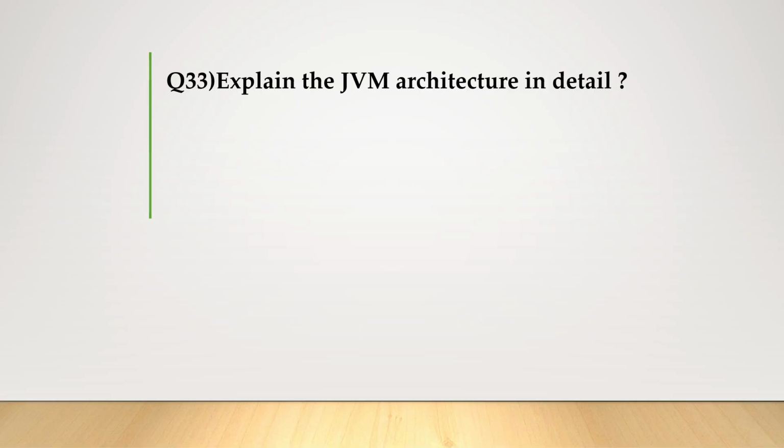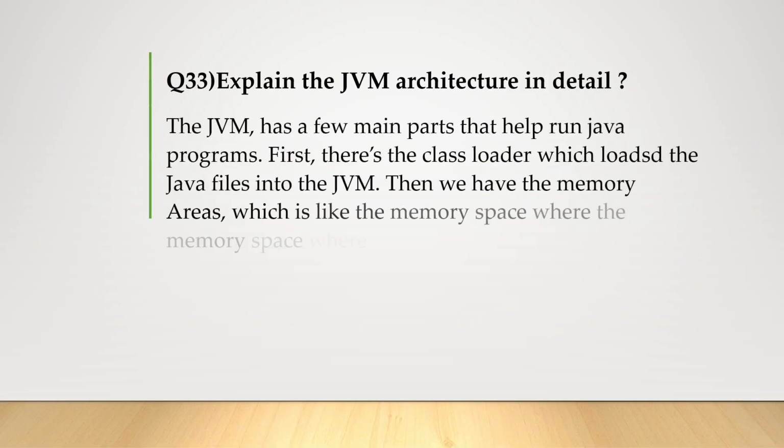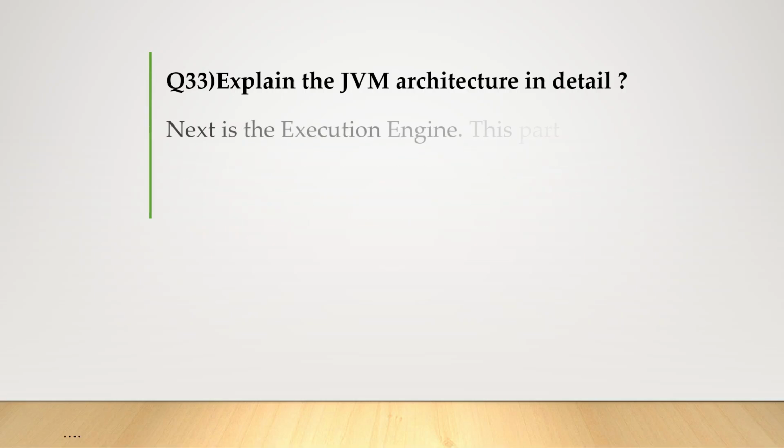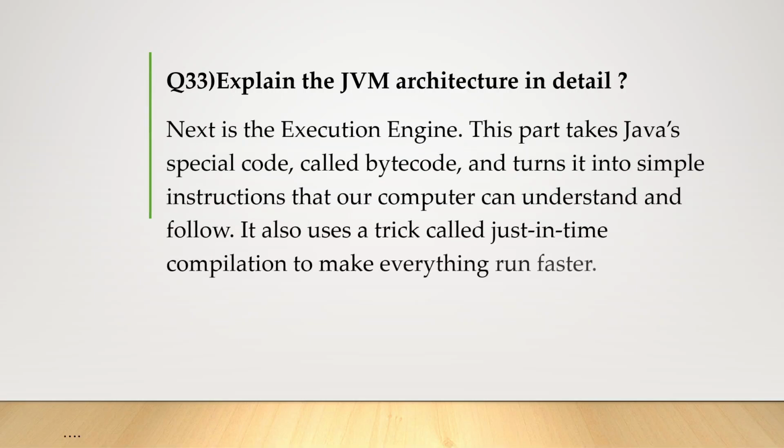Next question is, explain JVM architecture in detail. The JVM has a few main parts that help Java programs. First, there is the class loader, which loads the Java files into the JVM. Then we have the memory areas, which are like a memory space where the program data is stored while it runs. Next is the execution engine.